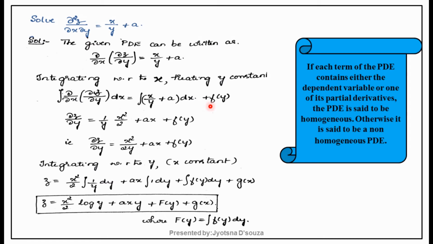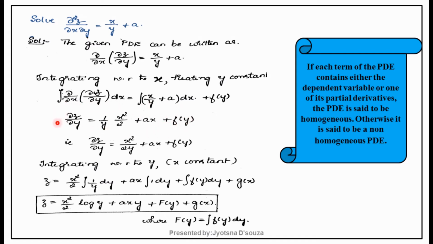The integral and this differential operator get cancelled, remaining with ∂z/∂y, which is equal to 1/y, taking y out as a constant, times the integration of x, which is x²/2, plus a, a constant, whose integration is ax, plus f(y). So this is our ∂z/∂y.